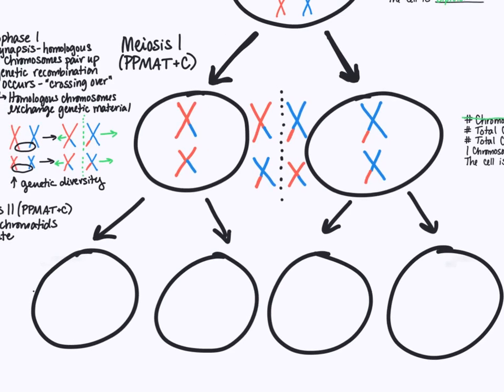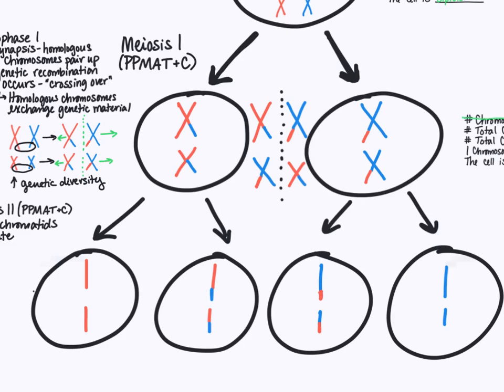So let's take a look at what we end up with regards to chromosomes in our final daughter cells. Now, I drew these chromosomes based on the chromosomes that we drew in the circles at the end of meiosis 1.